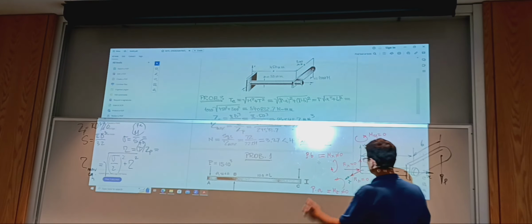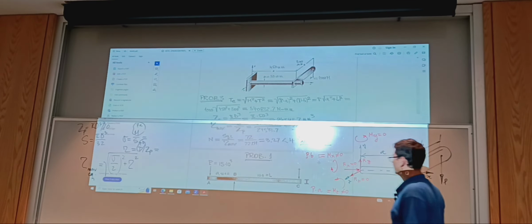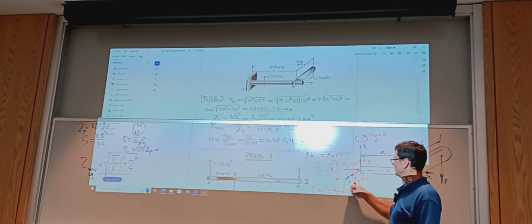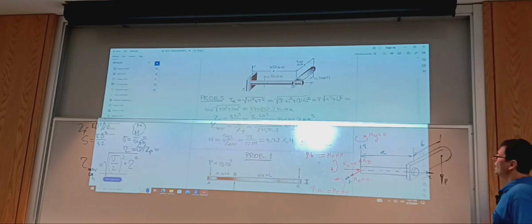If not, you need to flip the arrow or put a minus, though usually changing the direction and staying with the magnitude is the way to go.